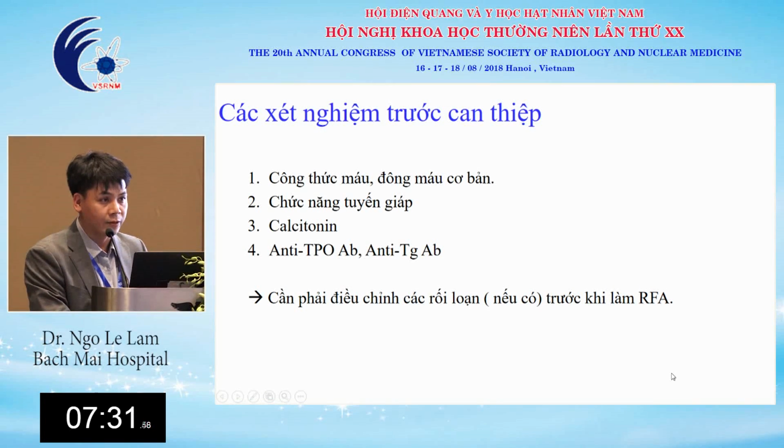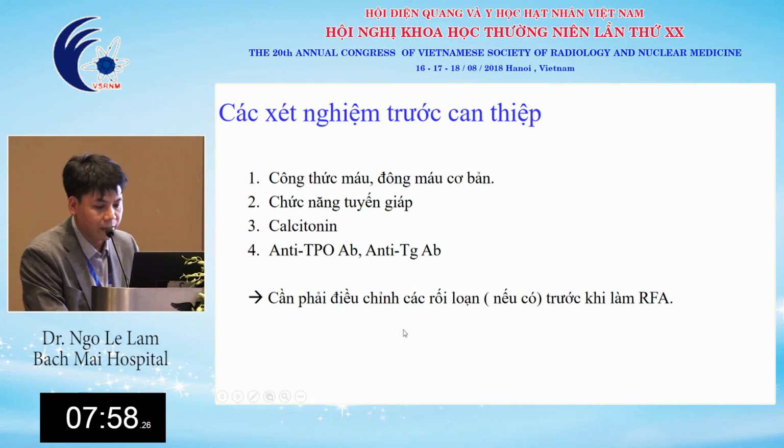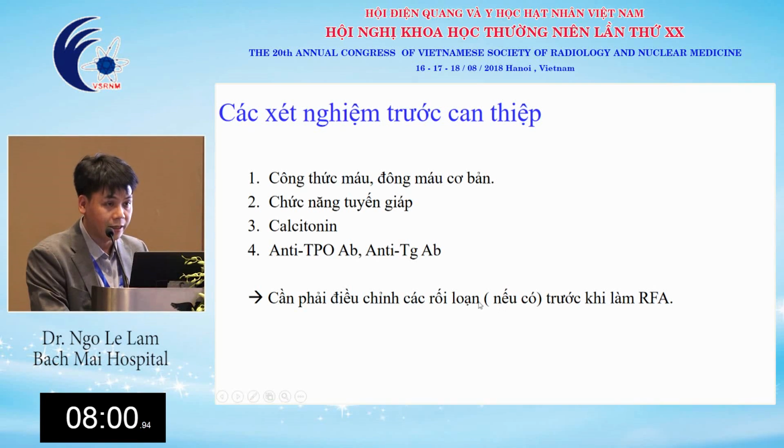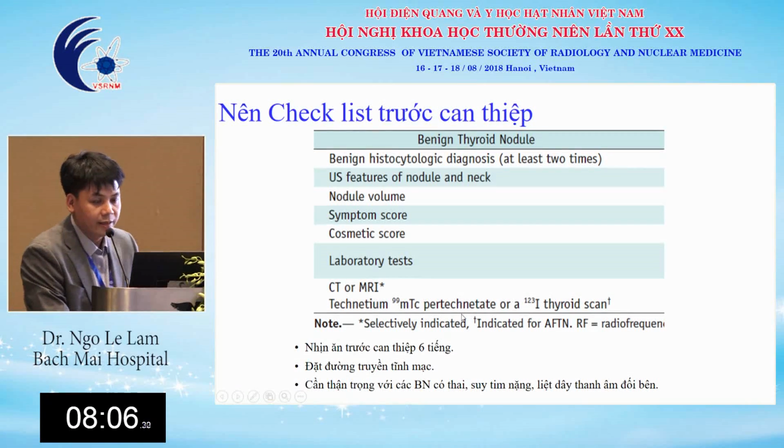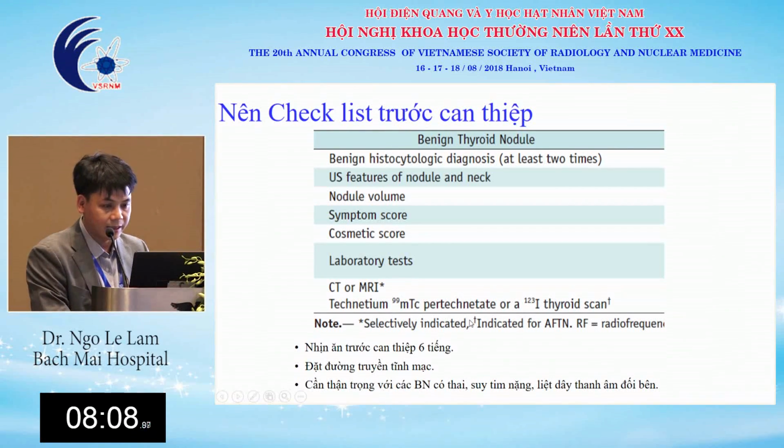We have to have some lab tests: the blood count, the thyroid function, calcitonin, and other lab tests to check the thyroid function. In some cases there is an abnormality, so we have to give treatment before doing IFA.